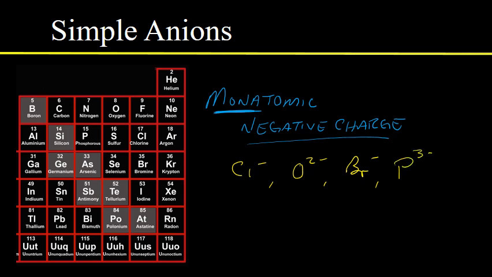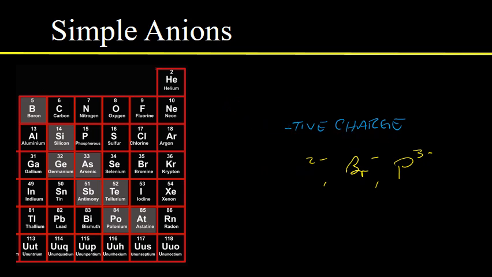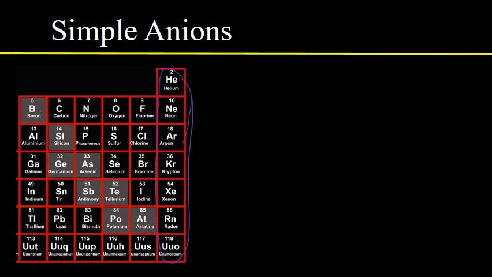Okay. The way these work is if you have an ion or an anion that is just a single atom with a charge, you can tell what the charge is going to be by looking at the periodic table. This group over here, the noble gases, we'll talk about this later when we talk about electron configurations, but these numbers of electrons are very stable.